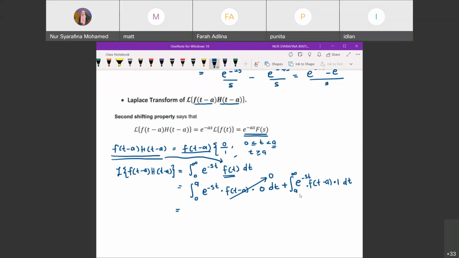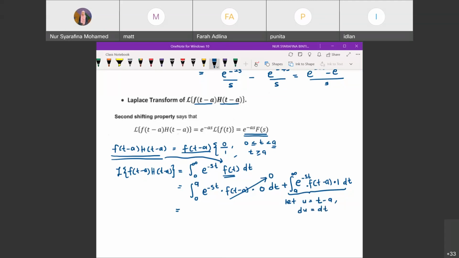So how can you integrate this? Okay, let's try substitution. Let u equal t minus a and du equals, du/dt equals 1, so du equals dt.